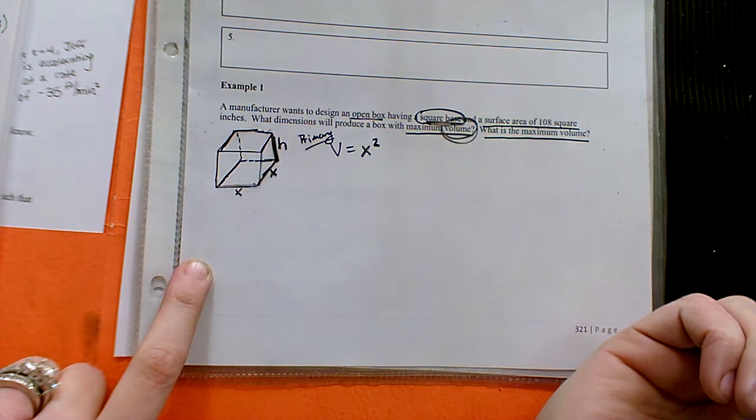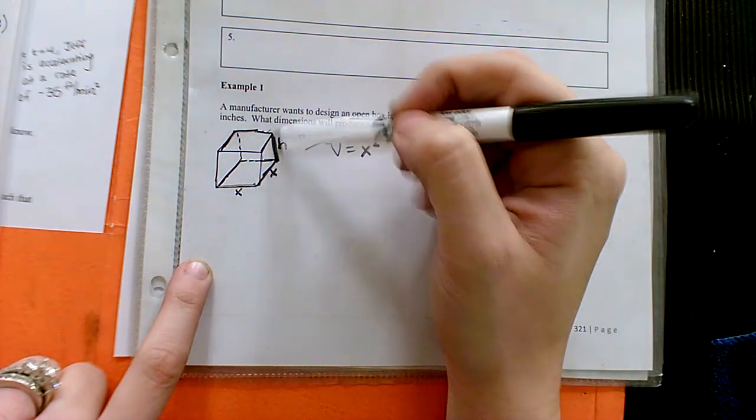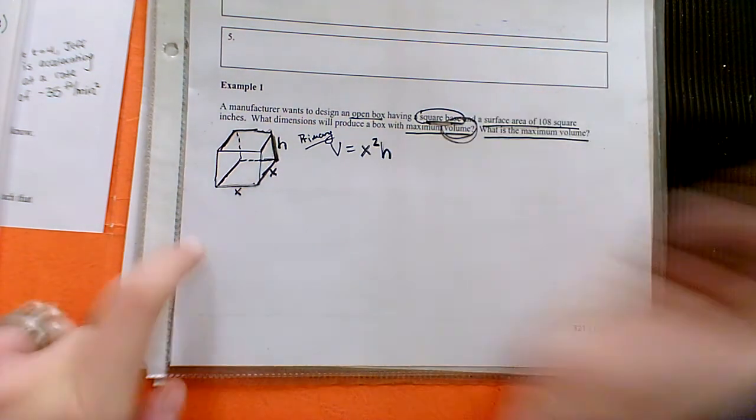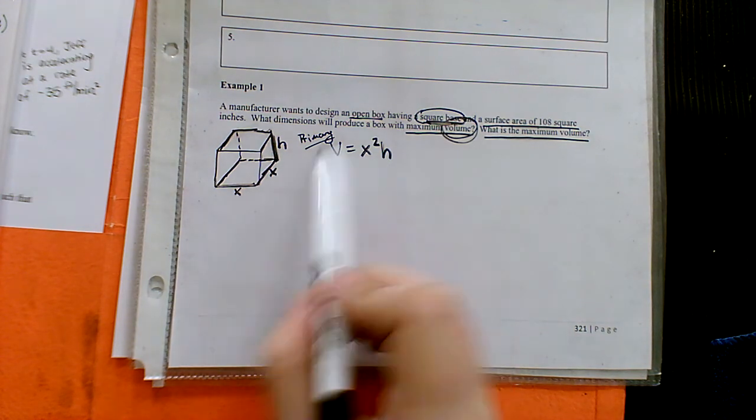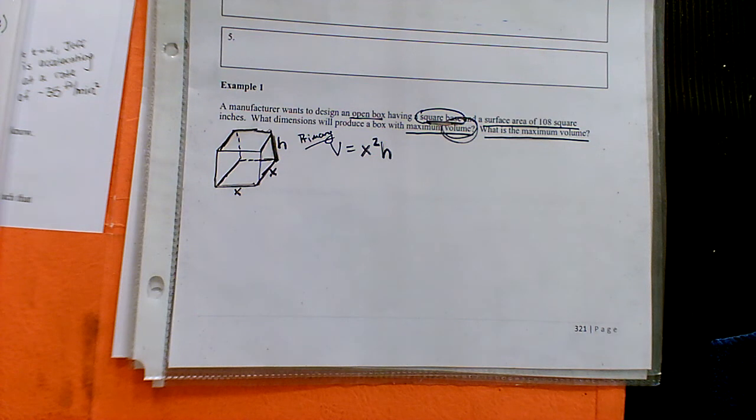Multiplying those together gives x squared, and then times the height, h. So this is our main equation for this example. We're eventually going to have to take the derivative of this, set it equal to 0, find the critical points, test them, all that jazz.